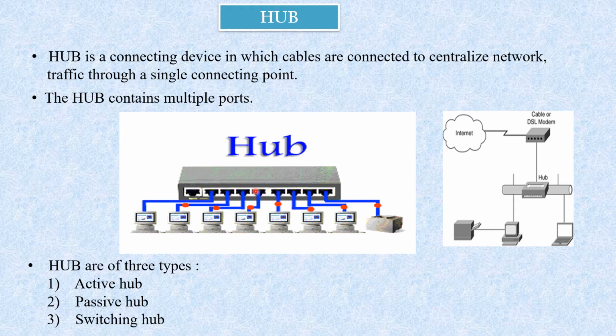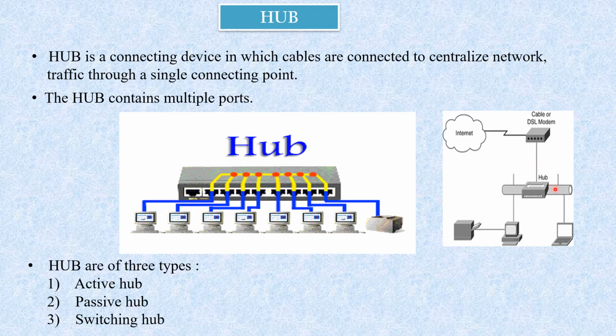The hub is slow as it can send and receive the information just not both at the same time. So sending and receiving is not done simultaneously, so the process is slow. So hubs are a little bit slow.